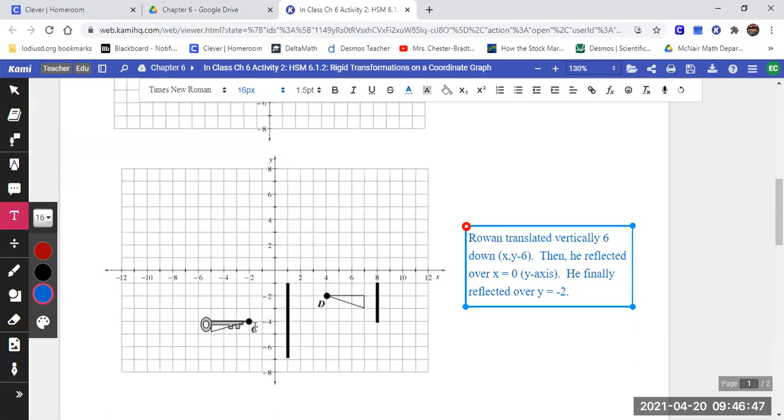I have to translate which direction, vertically or horizontally, and how many? Vertically still, because I need to go up and down. Vertically is up and down. Horizontally, remember, would be the left and right movement, but we're going up and down. Okay, up and down how much? We need to make sure the key clears the top of the wall.